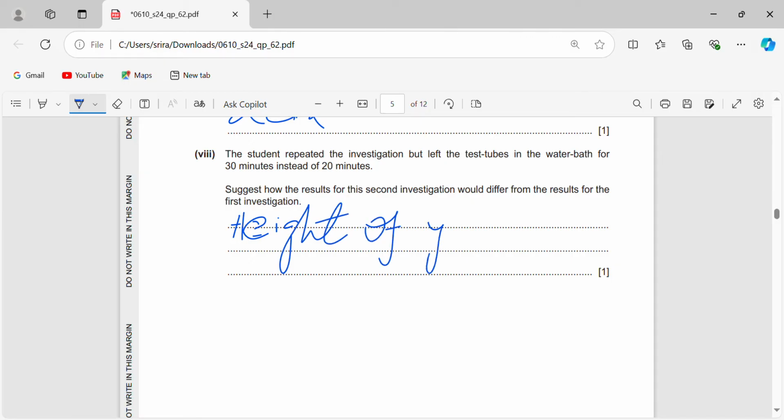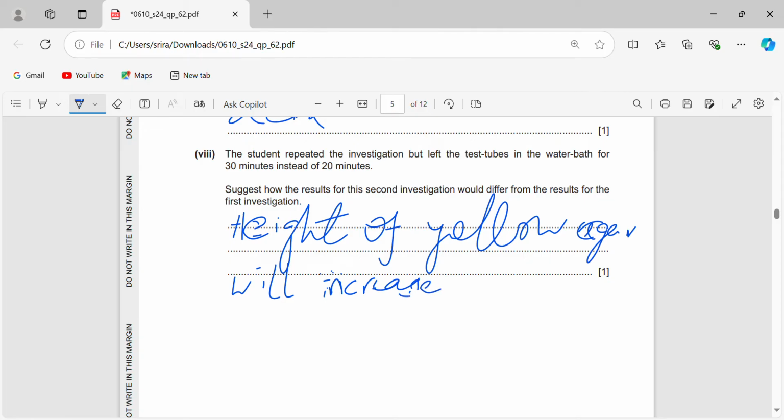Height of yellow agar will increase, my handwriting is horrible, increase in all 3 test tubes.